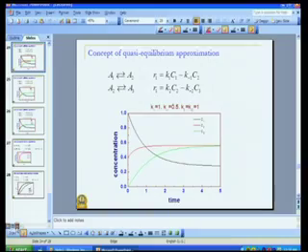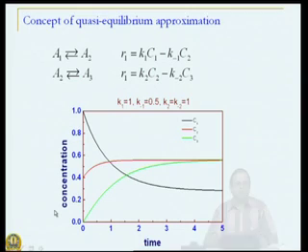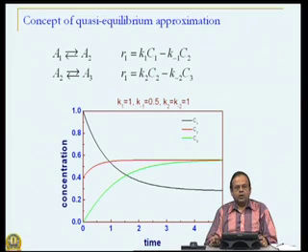And the first approach that we are going to look at is what we call quasi equilibrium approximation, or QE to be short. So, let us take an example of our reactions which are series reactions, but this time I have made these reactions reversible, and the reason for that will be clear as we discuss.